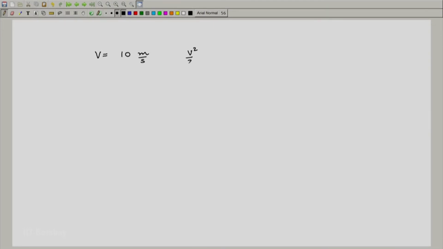So, Vi squared or Ve squared, V squared by 2 is 100 by 2, which is 50, but realize that this number is meter square per second square, which is just joule per kg. And if I want it as kilojoule per kg, you would have it at 0.05 kilojoule per kg.